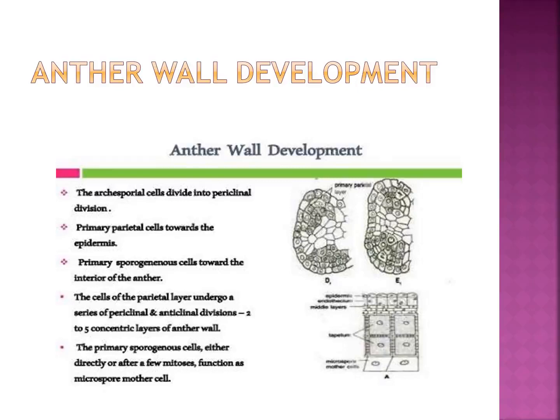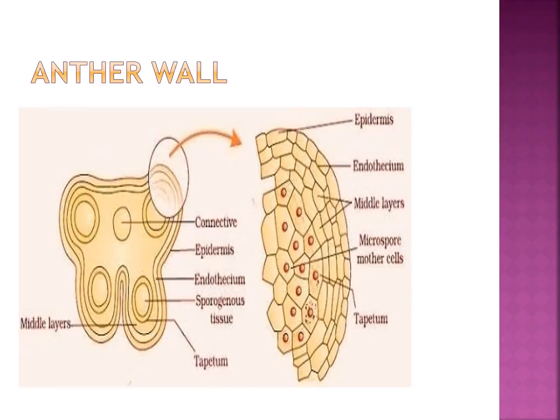So, your book page number 7. Different stages in the development of anther. So, the anther wall has 4 layers, as I already told you. The epidermis is the outer layer, the endothecium is the inner layer, and then the middle layers.